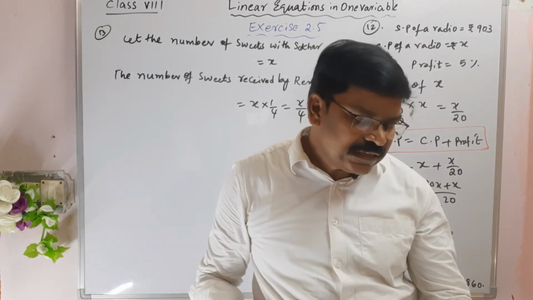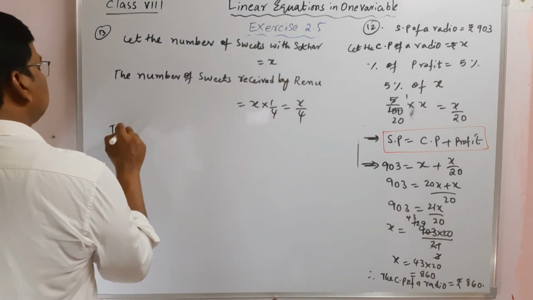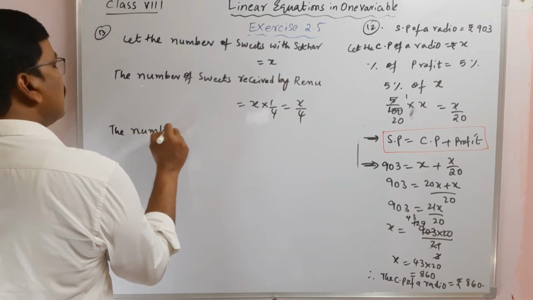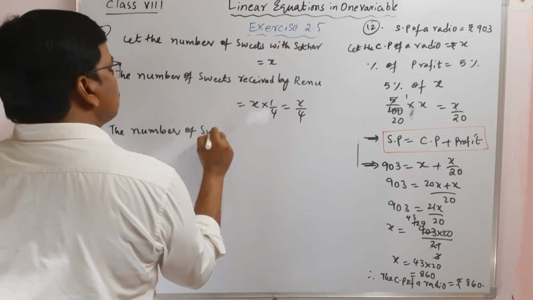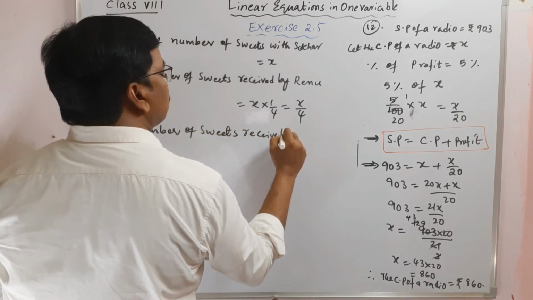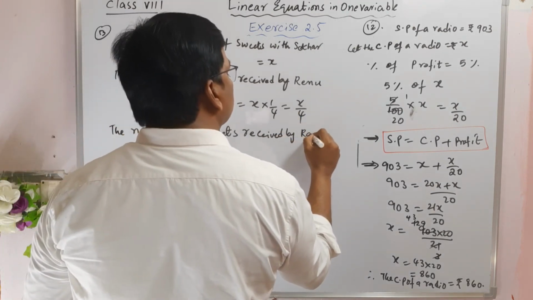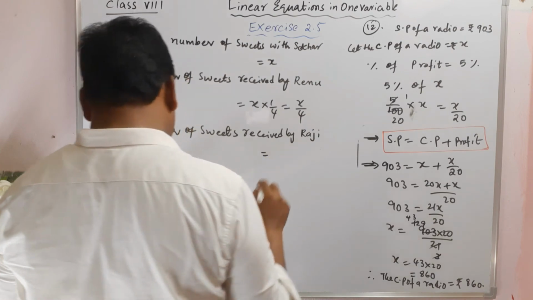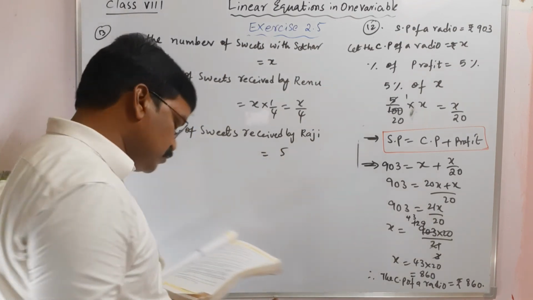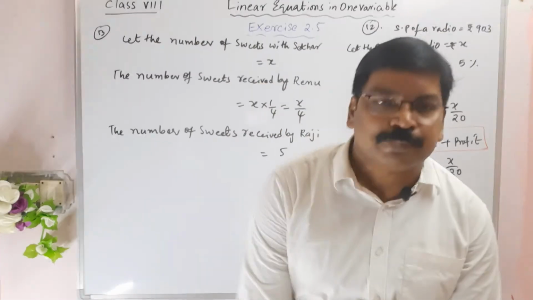And then he gives 5 sweets to Razi. That means the number of sweets received by Razi is equal to 5. Now he has only 7 sweets left.